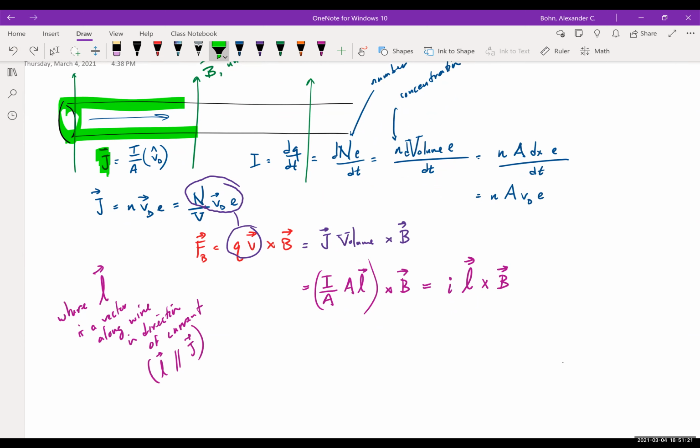Now, that has to do with how many electrons were within striking distance of that cross-sectional area. In other words, we're talking about some cross-sectional area here, and we're looking for the number of electrons that go through that in some small time. But that means we need to know how many electrons there were in this cylinder able to get to that cross-section in time dt.